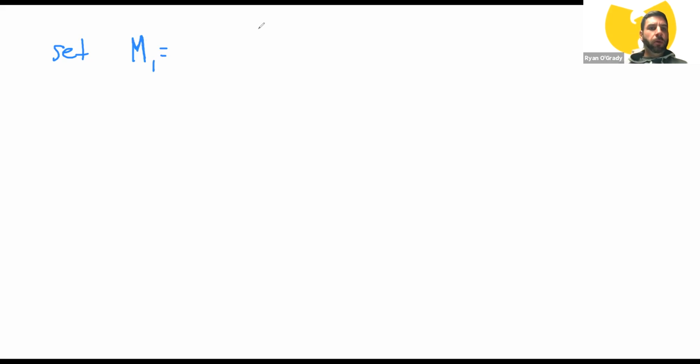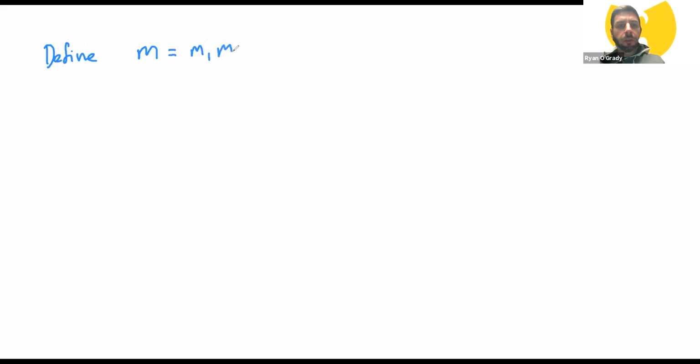Let's build it up. So define a new moduli. So we're going to define m. If I can write m, which apparently I can't. So how am I going to define m? I'm going to take my 3 moduli and multiply them together.